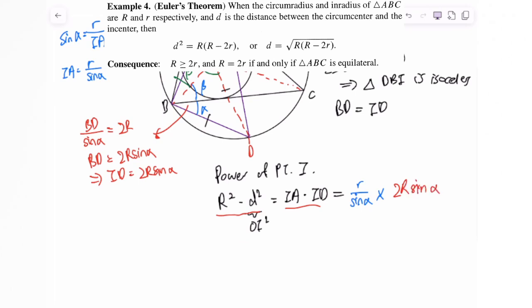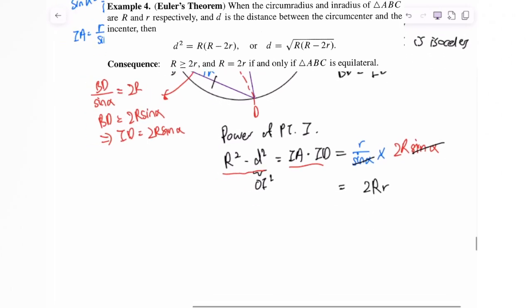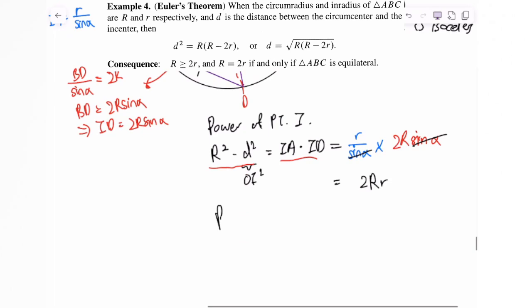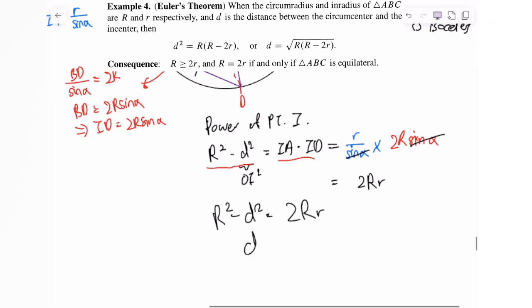So you times 2R sine alpha, and you realize that sine alpha and sine alpha cancel out. You get 2 big R and small r. So R squared minus d squared equals 2 big R small r. You rearrange for d squared. The thing is, you have to look at what you want to prove. You want to prove that d squared equals something, so you rearrange to get d squared on the left hand side.